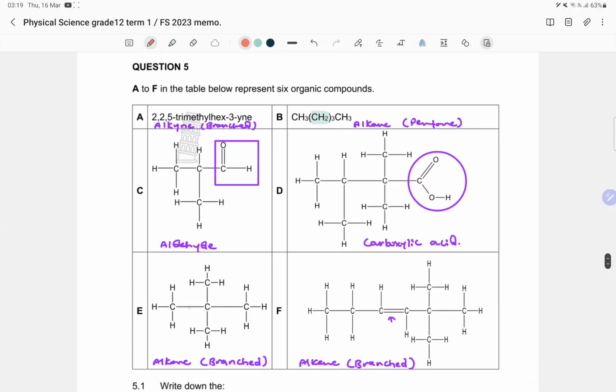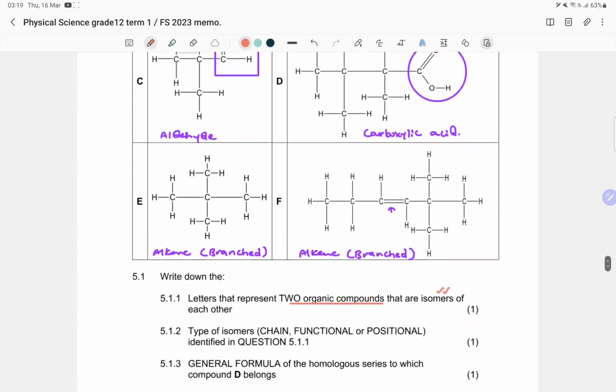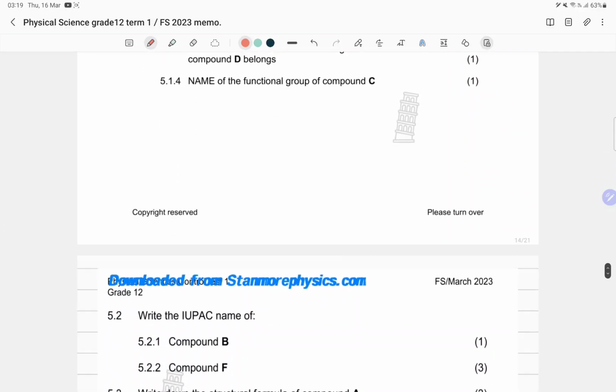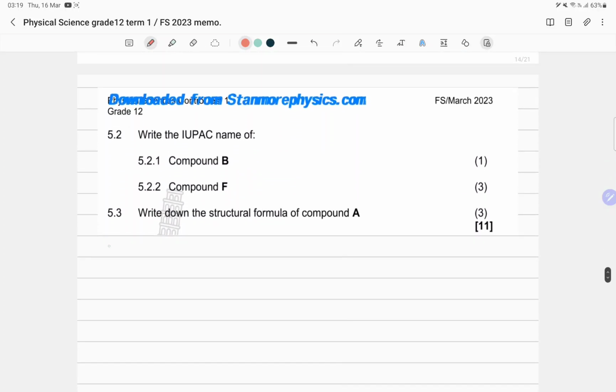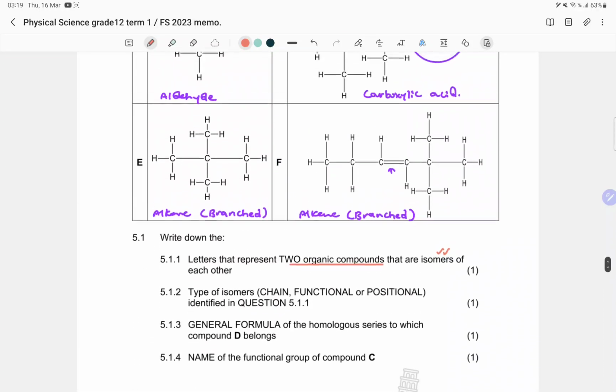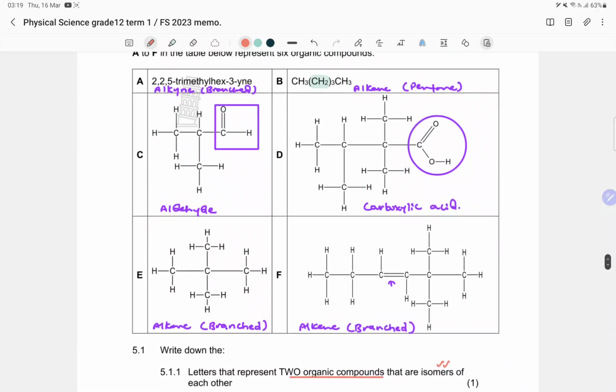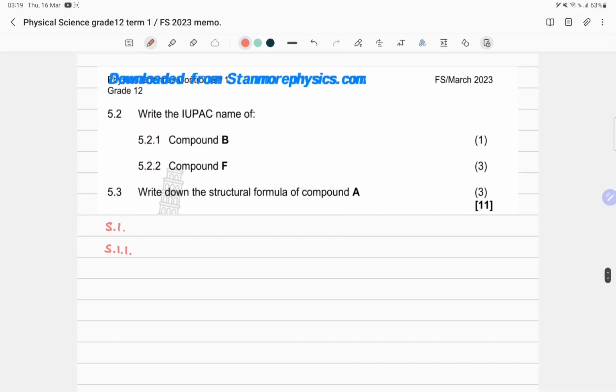So this is basically 2,2 dimethyl propane and pentane. Those are chain isomers. So 5.1.1, we've got B and E.